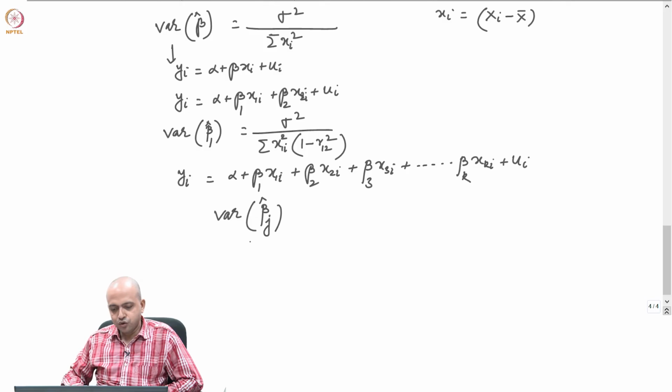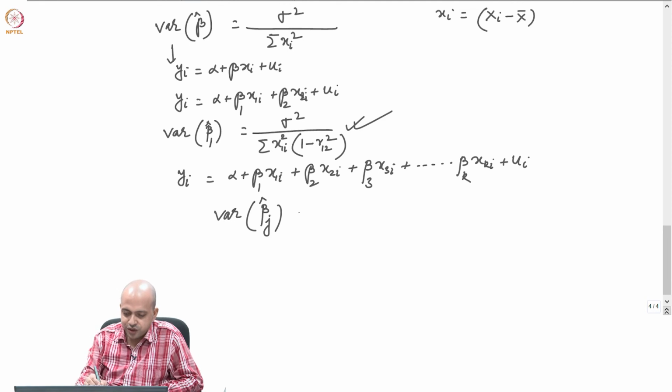All right. So, you have multiple linear relationship, and now when you have multiple variables, how will this particular formula change? When you have two, you can easily calculate the correlation between 1 and 2 and you can square it off, right. But when you have k number of explanatory variables and you want to get the variance of a particular beta j, how will you modify this formula?